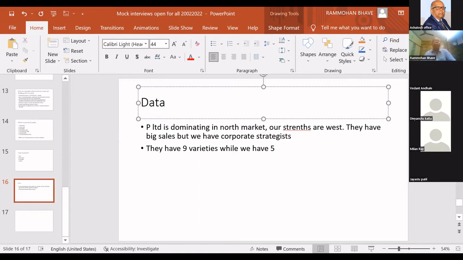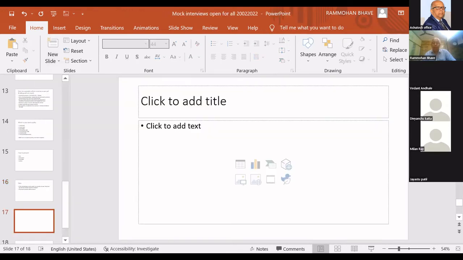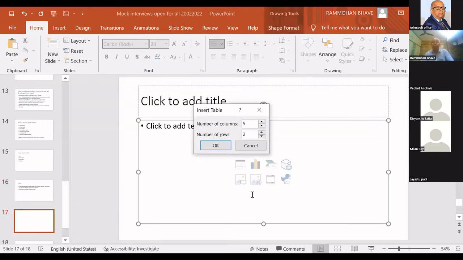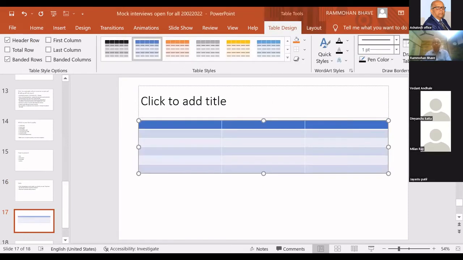So then we said, look, we want the information, not data. So then somebody who was a so-called smarter guy came with something like this. Name of company, P Limited, R Limited.